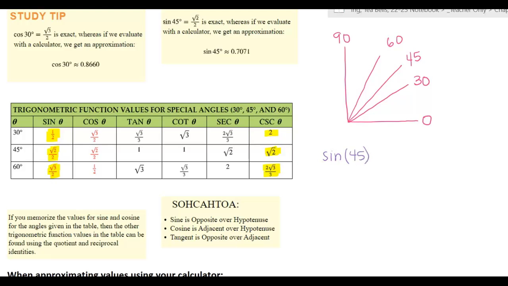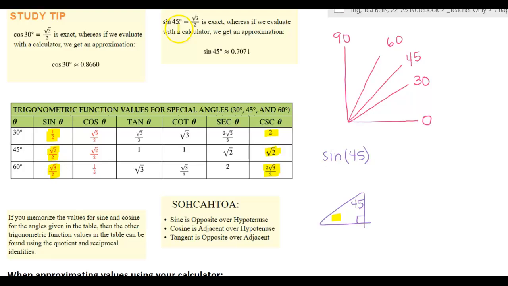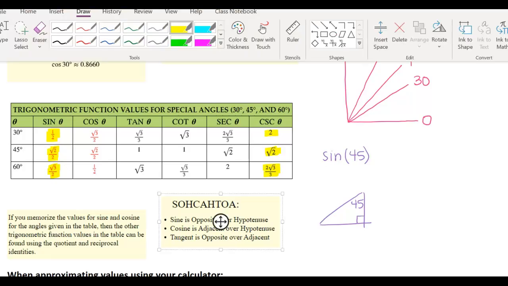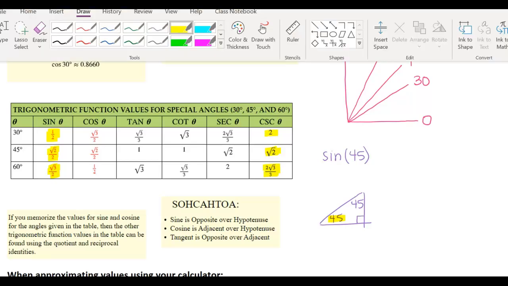If we were finding the sine of 45 degrees, we would want to look at our 45, 45, 90-degree triangle. Let's focus strictly on this 45-degree angle.